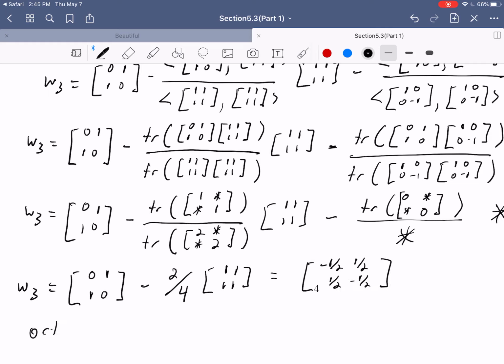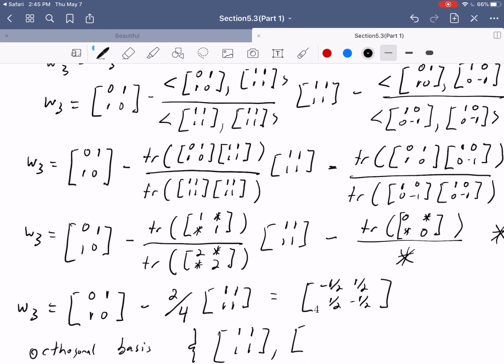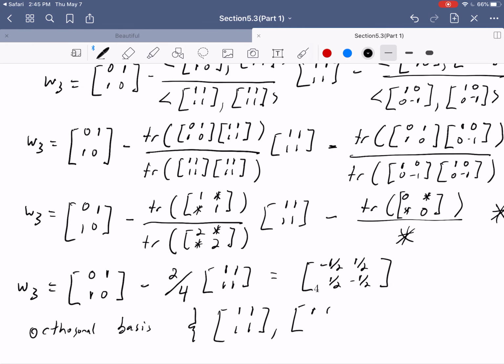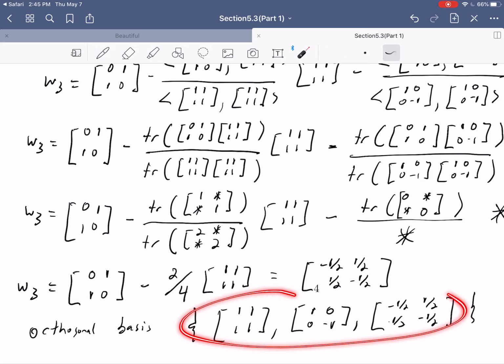So our orthogonal basis here is supposed to be the vectors 1, 1, 1, 1, W2, which turned out to be 1, 0, 0, minus 1, and minus 1/2, 1/2, 1/2, minus 1/2. And there we go. That is supposed to be our orthogonal basis for our set of symmetric 2x2 matrices.